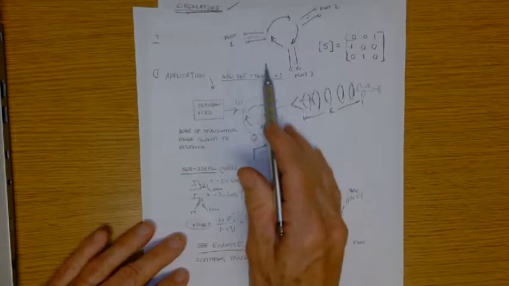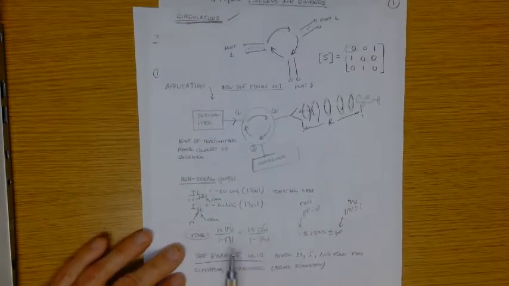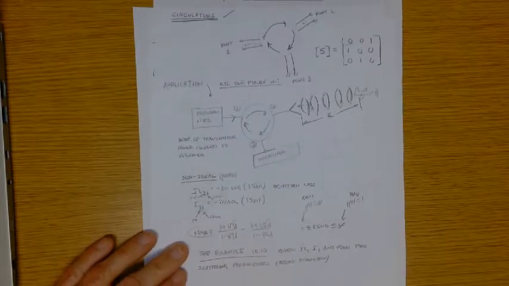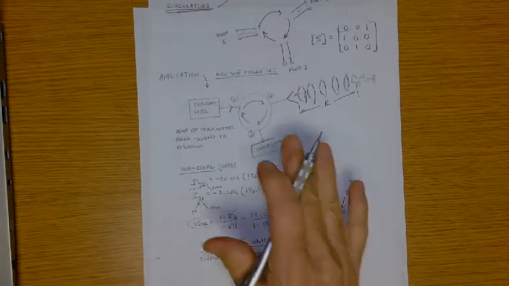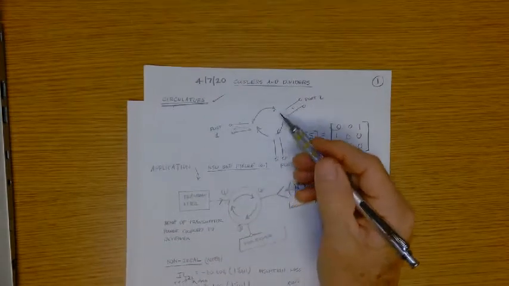So this thing operates over some range of frequencies, and these device parameters will, in general, vary as a function of frequency. So this device has limited bandwidth.